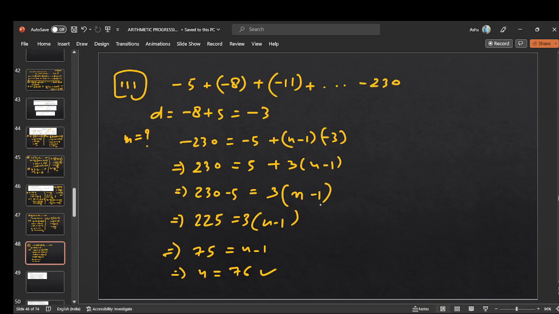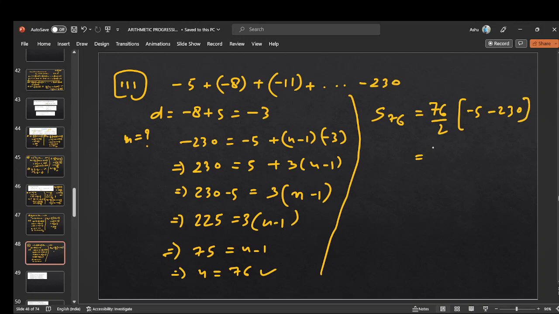76. Clear? Now we have information about d, n and last term and first term. Now we are able to find out the value of sum of 76 terms. Clear? Now 76 by 2, and there is first term and there is my last term.